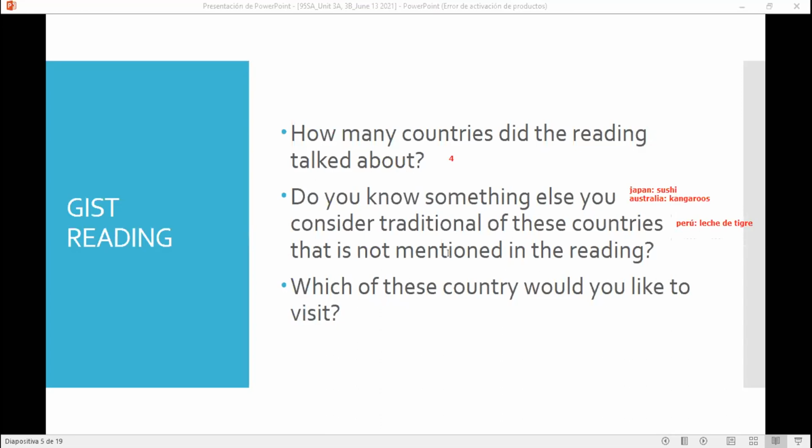En South Korea, teacher, también es muy conocido porque se cuida muchísimo la piel y los mejores cosméticos son de allá. Exactly. Cosmetics is their strength, right? Por eso las chicas parece que tienen piel de porcelana, ¿no? So cosmetics could be something traditional there.